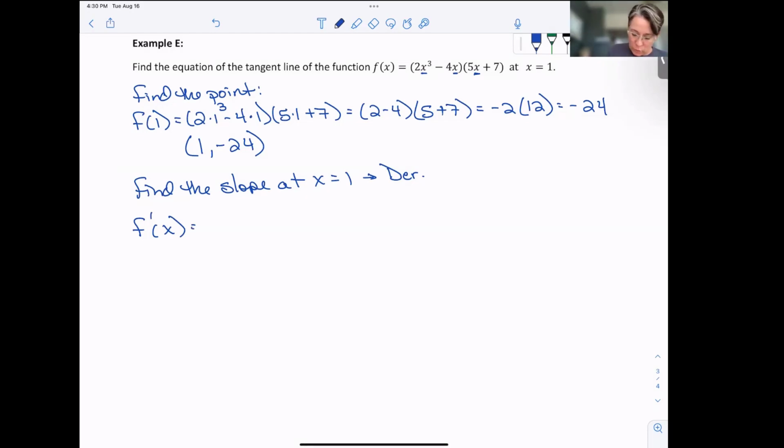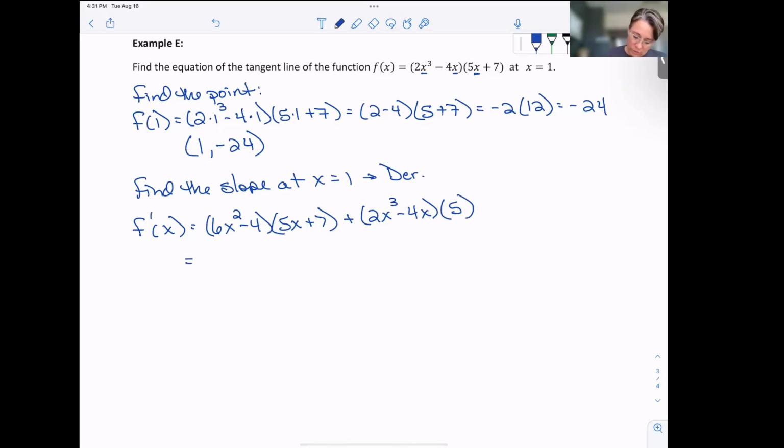So we're going to take the derivative of the first, so that's 6x squared minus 4, times the second as is, 5x plus 7, plus the first as is, 2x cubed minus 4x, times the derivative of the second, which is just 5.